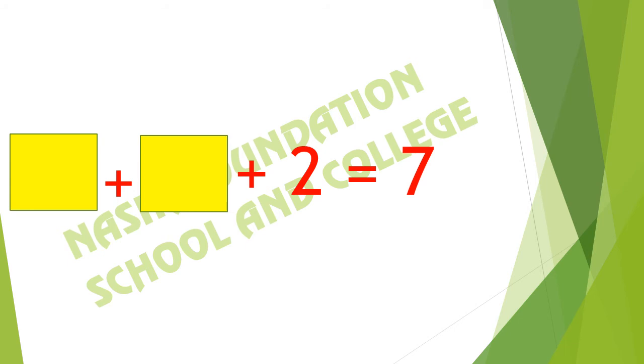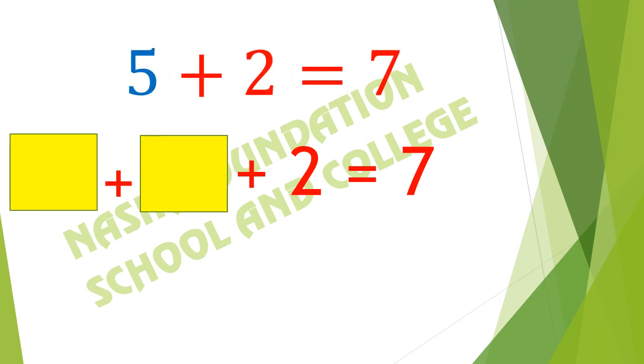In 2, which two numbers will we add to get 7? As we don't know the numbers, we assume the first number as X and the second number as Y. We can use some other variables A, B, C, P, Q, X, Y, Z. So I am assuming X and Y. If we see, 5 plus 2 makes 7.